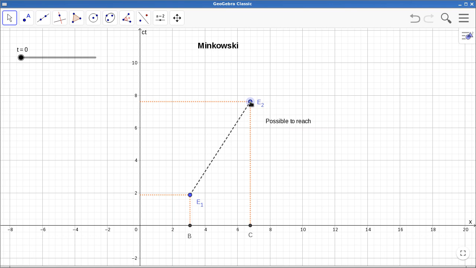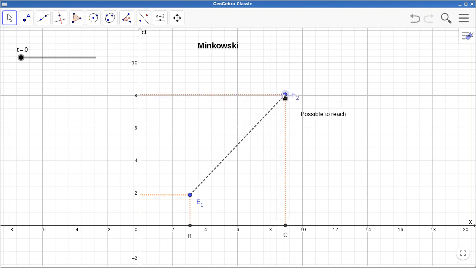Let's see. Now for example, the event E2 is here. You can see that event E2 will happen at a time somewhere around 8. We will put it at 8 itself. So event E2 is going to happen at position 9 and at time 8.